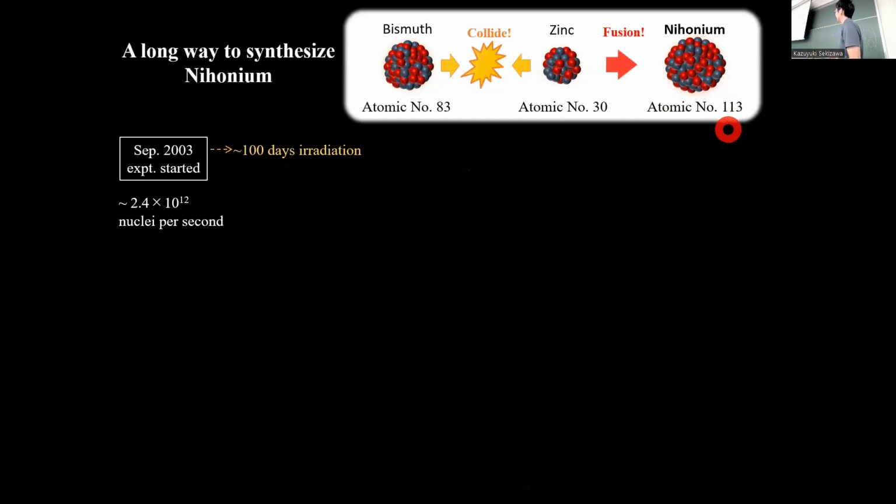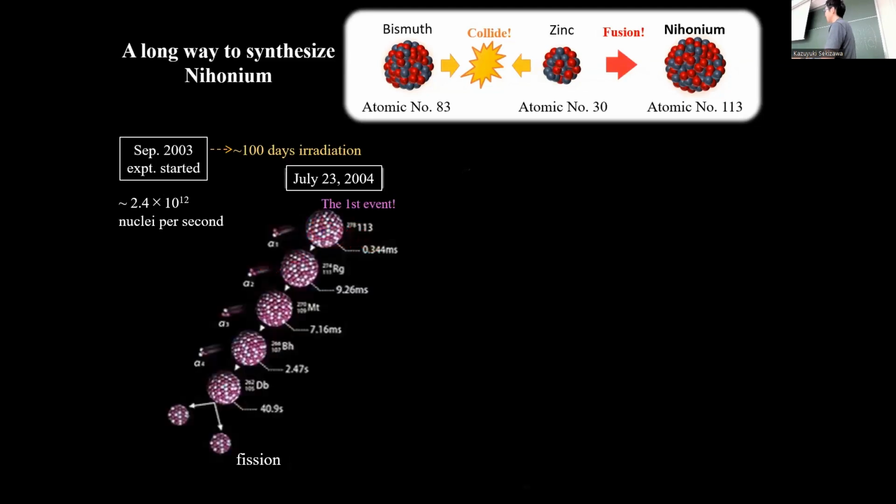But it is not easy. So after 100 days of irradiation of this number of nuclei, then they got the first signal. So in about a year, they have one event that may be element 113.